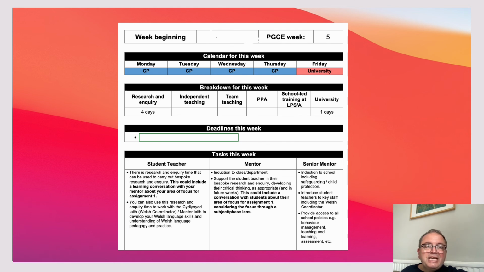And you'll see that there are tasks listed underneath that you need to complete during that week, and also tasks for your mentor and senior mentor. So please be quite proactive while using this document. The reminders are here for you, so if you do notice that perhaps your mentor has forgotten to do something that's listed there under the tasks for the week, just politely ask whether or not they'll be able to complete those for you.